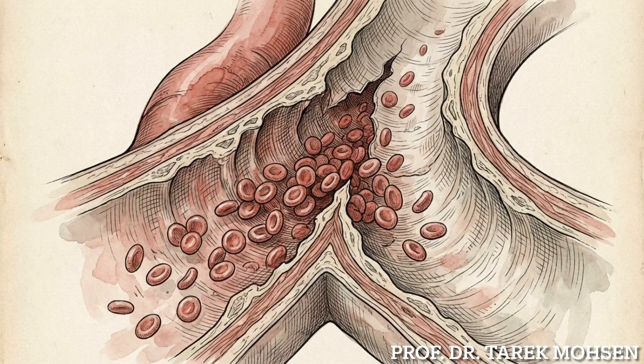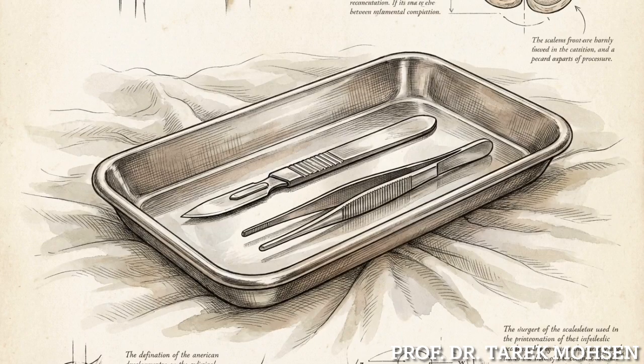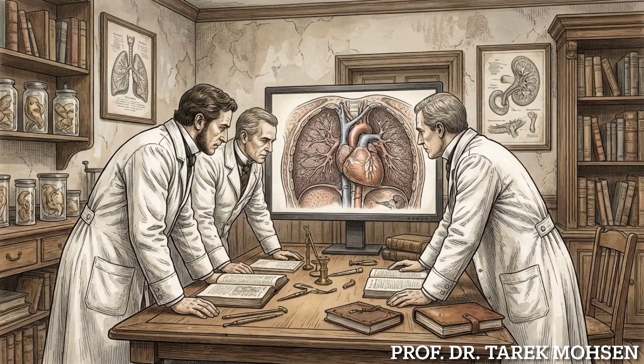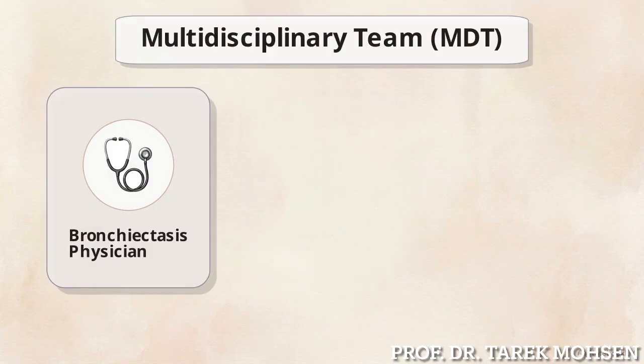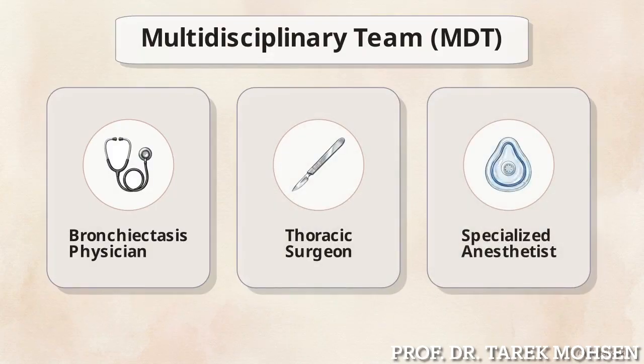This is driven by the ulceration of hypertrophied bronchial arteries, and surgery is indicated when less invasive endovascular embolization fails to stop the bleeding. Under 2025 clinical mandates, proceeding to surgery requires a formal assessment by a multidisciplinary team, or MDT. This team consists of a bronchiectasis physician, a thoracic surgeon, and a specialized anesthetist.